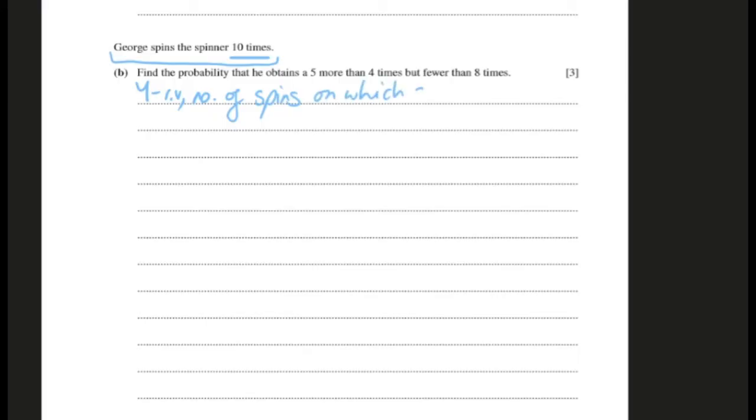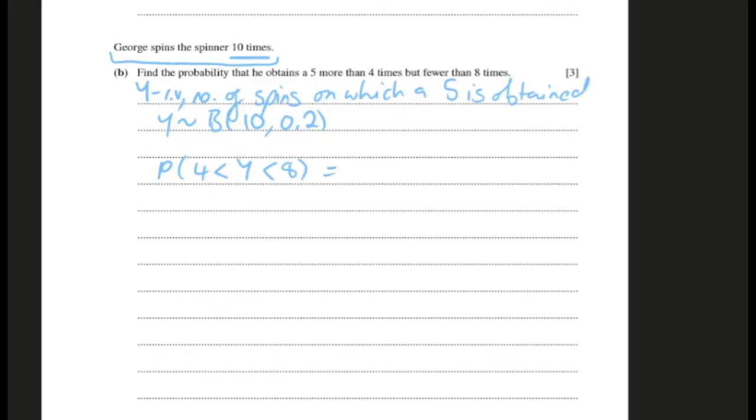So y follows a binomial distribution. Our number of trials is 10. Probability of success is 0.2. And they want us to find the probability that y is between 4 and 8. So this is the probability that y equals 5, 6, or 7.